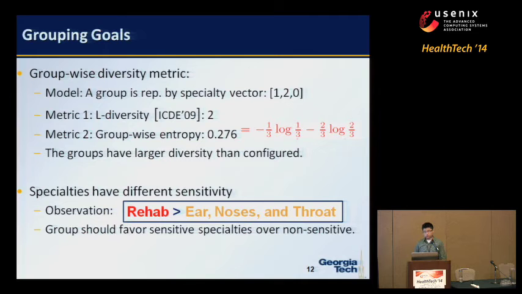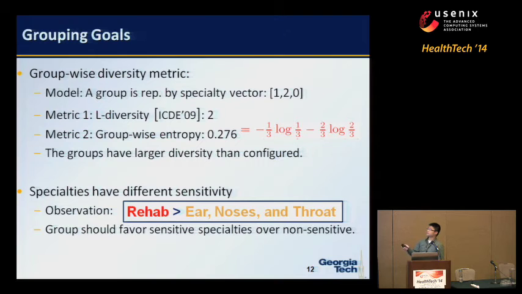And we consider two metrics. One is called L-diversity. Basically, L-diversity is the number of non-zeros in this vector. Here there are two non-zeros, so L-diversity is simply 2. The second metric, which is more advanced, is called group-wise entropy.